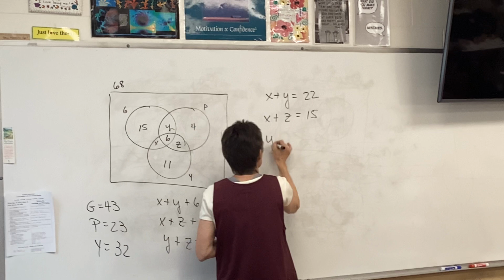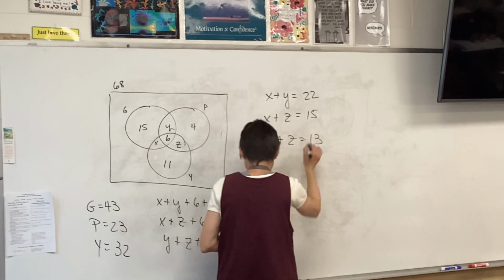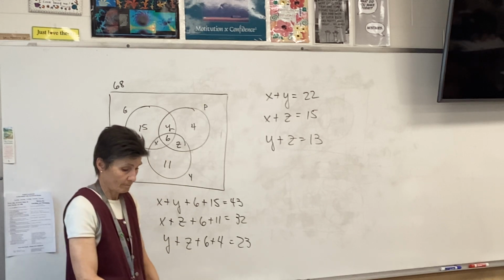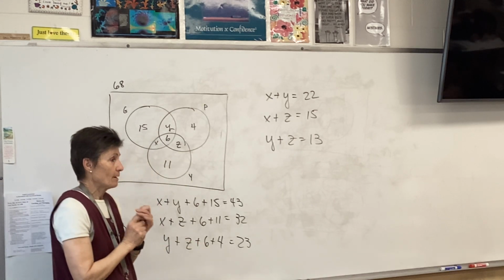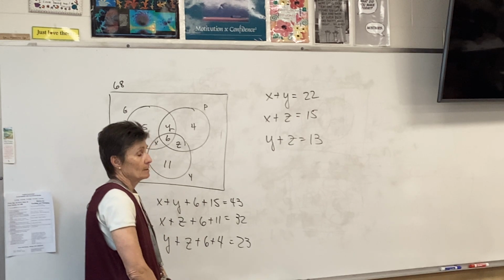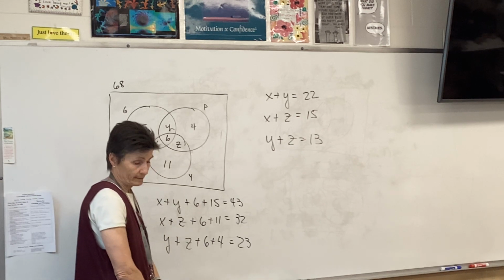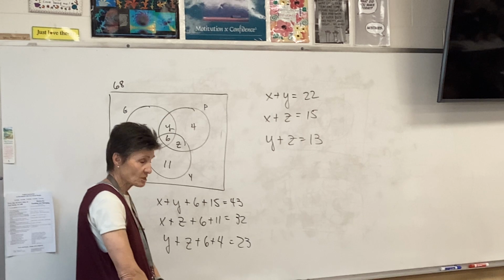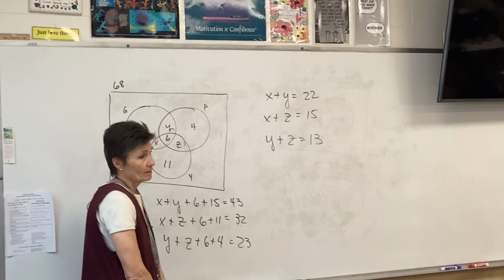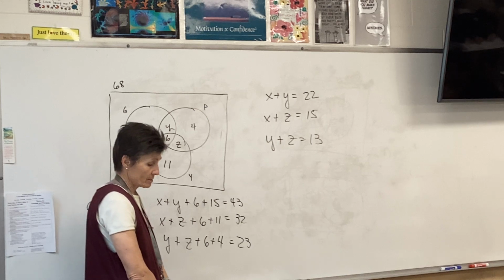So Y and Z is 13. Now, you go ahead and solve that. Go ahead and figure that out. Do it however you want. You do it the way we did the last one, which is, they always work out nicely when you do that. But you certainly have other options.